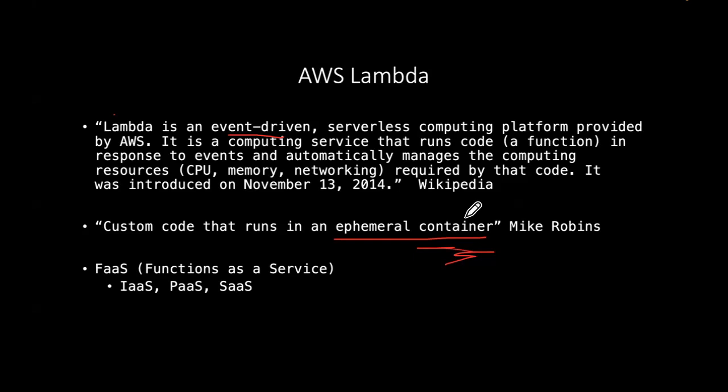You consider them in the same kind of ballpark. Another way of talking about the AWS Lambda service is function as a service. We're familiar with these acronyms when we talk about the cloud: infrastructure as a service, platform as a service, software as a service. Well, there is this acronym FaaS, function as a service, and that's really what the Lambda service is. That's how you might categorize it.